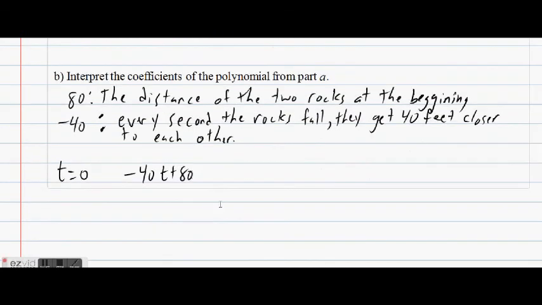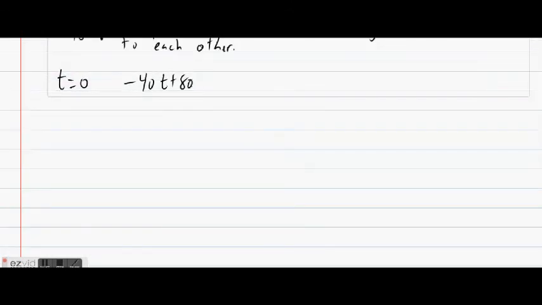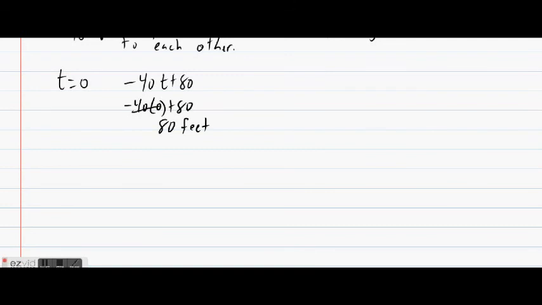So let's look at this and see what this means. So when t is 0, that's right before you let the rocks go or throw it, negative 40 times 0 plus 80. Well, that goes away. We're just left with 80. So the rocks are 80 feet apart. And we already talked about that.